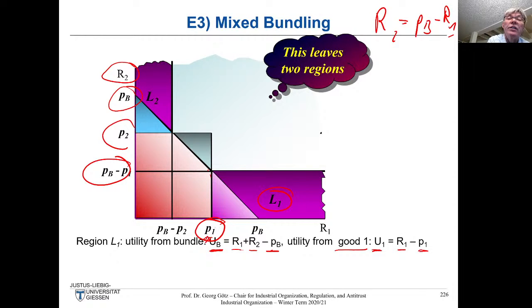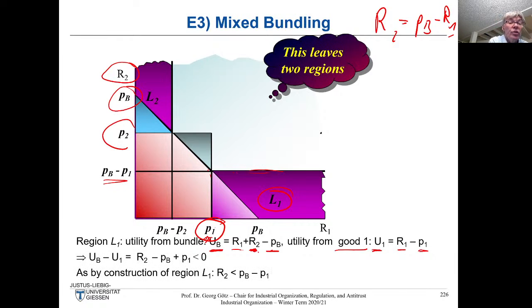Therefore we get R2 is PB minus P1. And so what we immediately know is that R2, in this area, will be lower than PB minus P1.